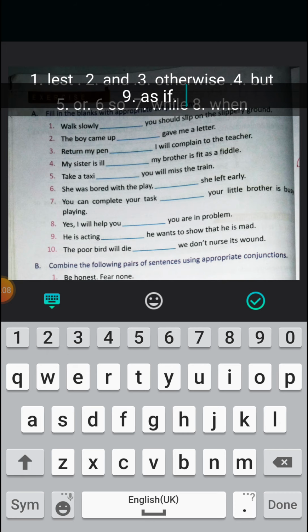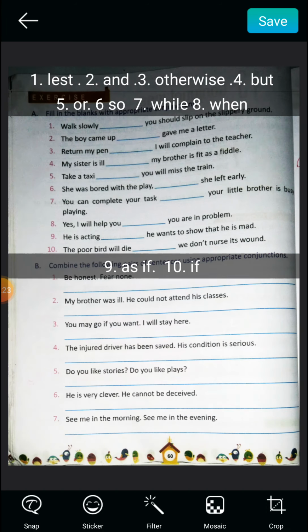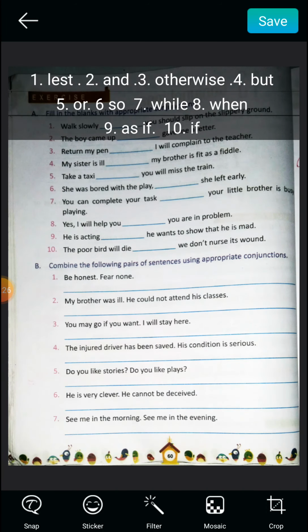It is showing the condition that if we don't nurse its wound, the poor bird will die. So we should use "if" in 10. If means agar. It shows the conditional clause. Now we have done with exercise A.